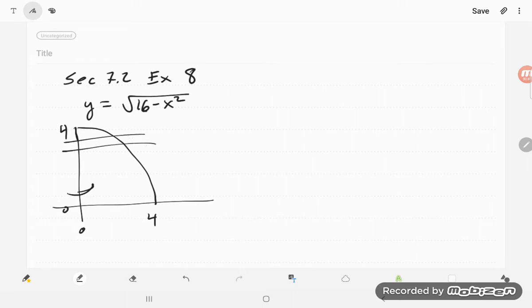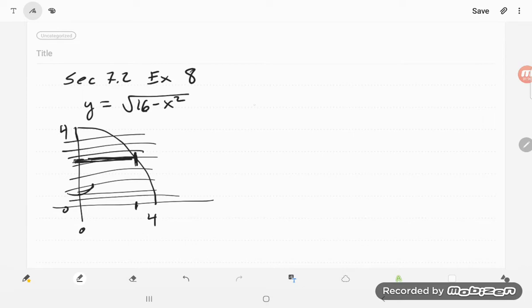around the y-axis, so we're slicing up that way. Now, to do that, we really need to solve for x in terms of y, because that's how we're going to get our radius. I need to know what this x value is for any given slice on the y value.